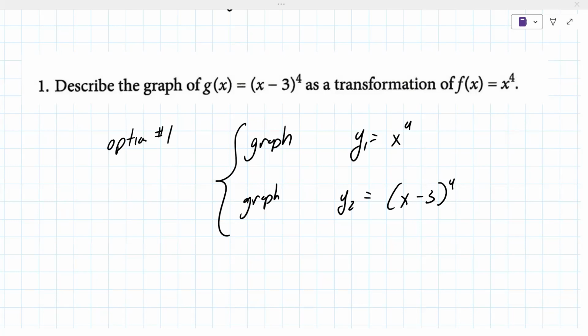You got like a parabola. What's the transformation?